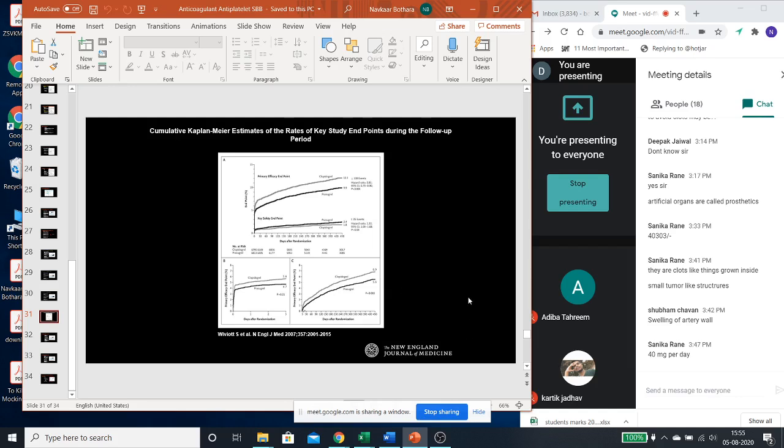I think you will not be able to see it properly. It is just the rate of key endpoints during the follow-up period. So what are the endpoints whenever the studies are going?